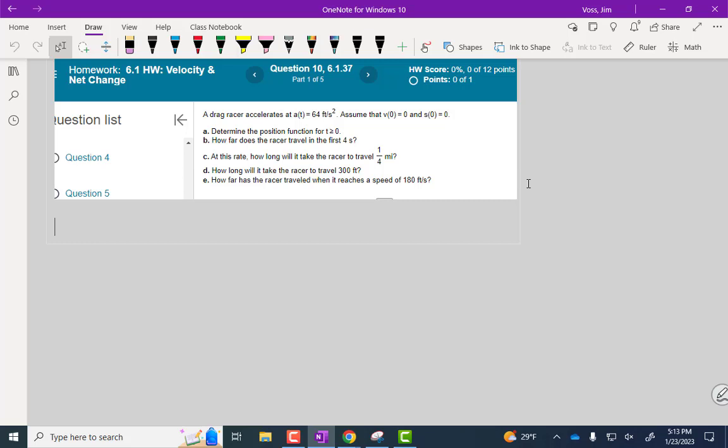So we know that displacement and distance are going to be the same, right? The car is not going to go backwards, so it's going forward. So if we do the integral, we want the integral to equal the distance traveled, or the displacement integral should equal a quarter. So then we're going to have to integrate, and we're going to have a letter in the limit of integration, and that's going to be a variable.